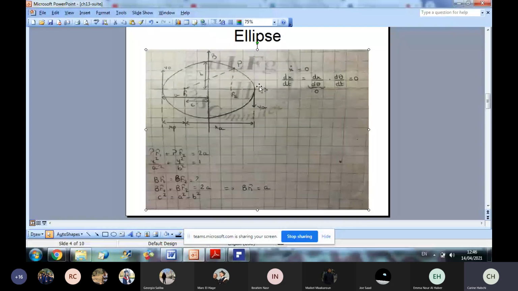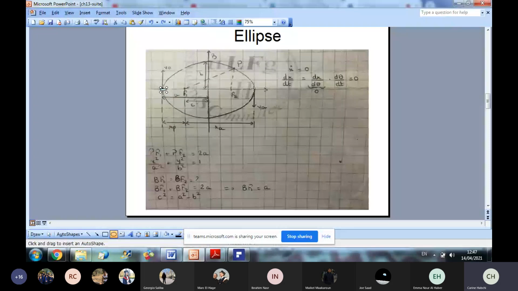Okay, so I can write. So here now it's better. Let me show you. So this point here is corresponding to the perigee, and this one will correspond to the apogee.